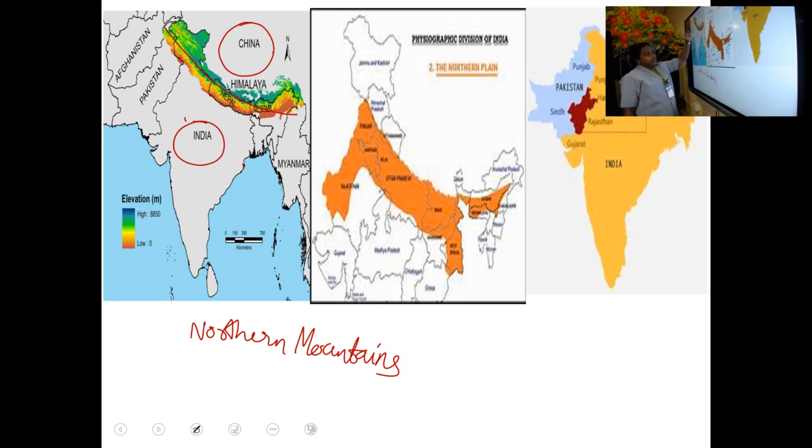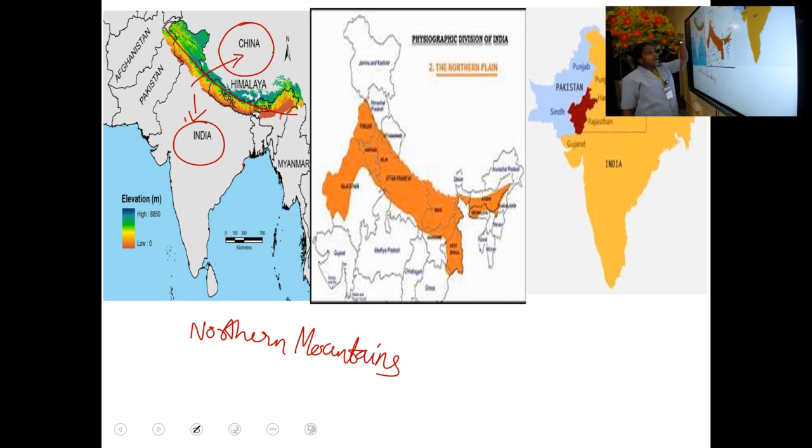Okay, the Himalayas stand as a border in the northern part of India. It separates our country from China. Okay, it stands between China and India.